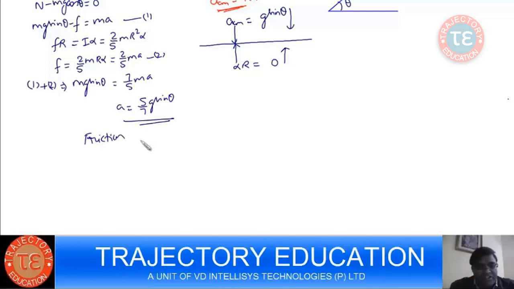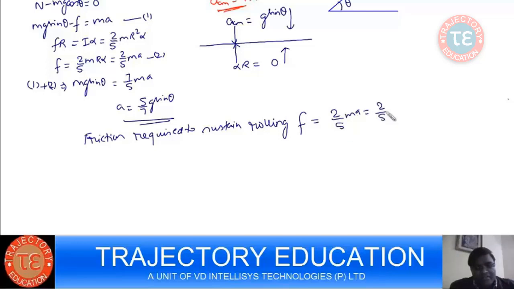And friction required to sustain rolling is F equals to 2 by 5 MA, that is 2 by 5 m times 5 by 7 g sin theta, that is 2 by 7 mg sin theta.